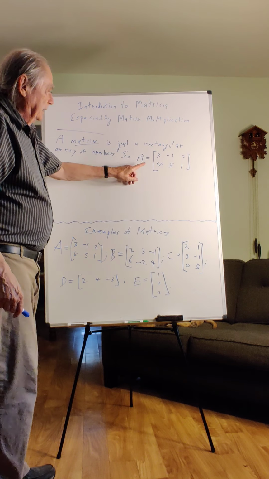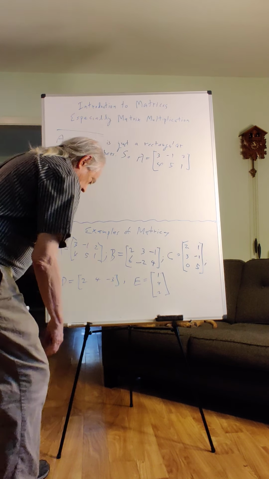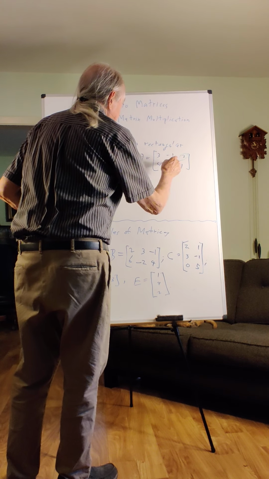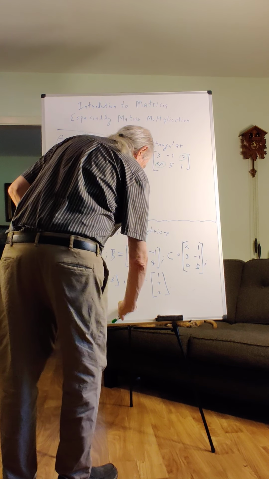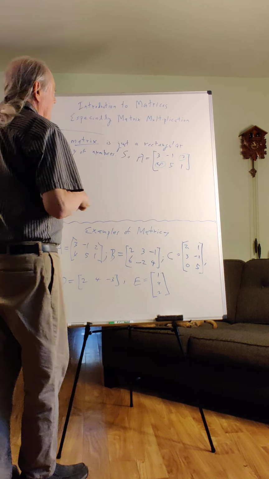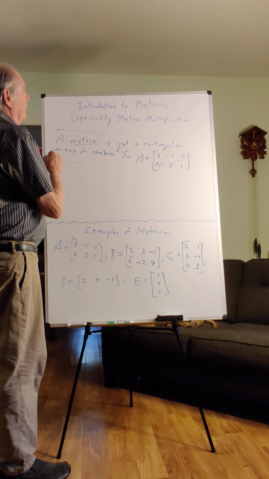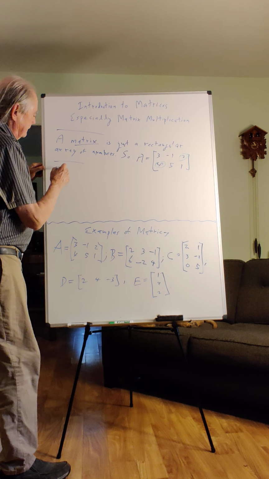Now, how do we refer to particular entries? How do we refer to this entry or this one, for instance? Well, we use double subscripts.